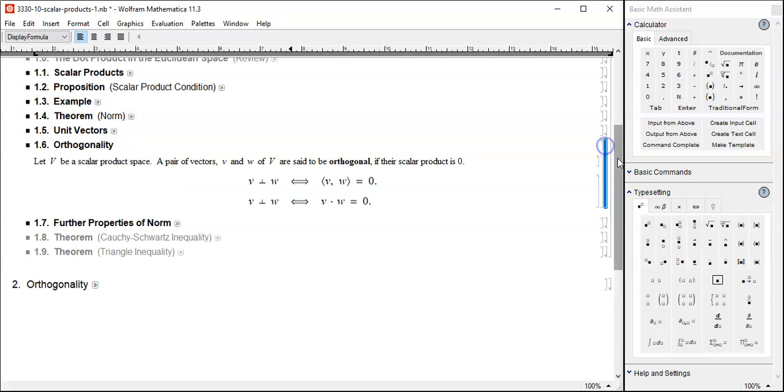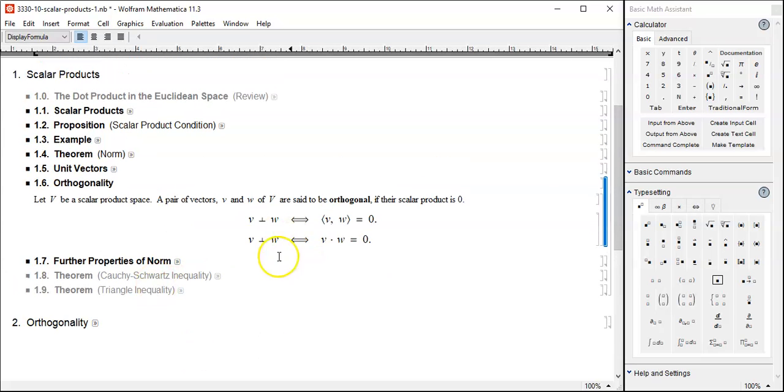Next concept, orthogonality, and that's something we are going to study in a lot more detail in the next section. We define orthogonality as the scalar product turning out to be 0.